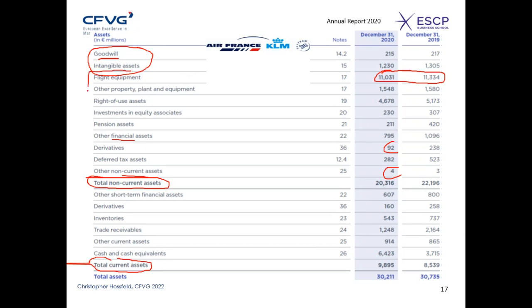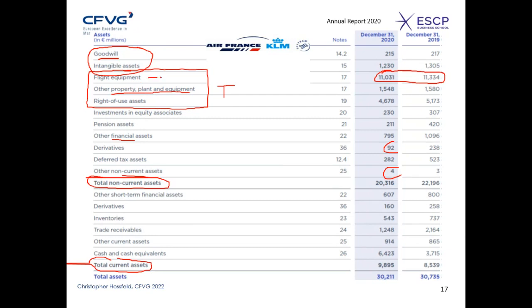Then we have the second block. We could say the next 3 lines here are part of the second block. And here we talk about tangible assets, fixed assets, or in general, sometimes also called property, plant, and equipment as a synonym. So PPE, property, plant, equipment, tangible assets would be the second block.